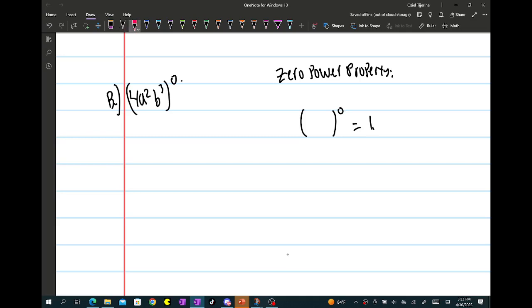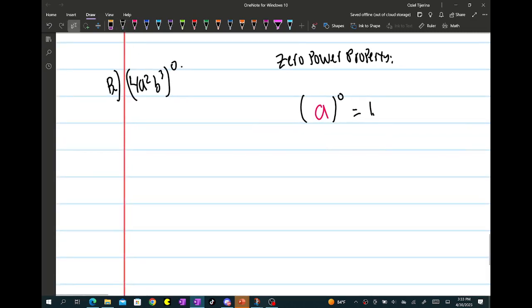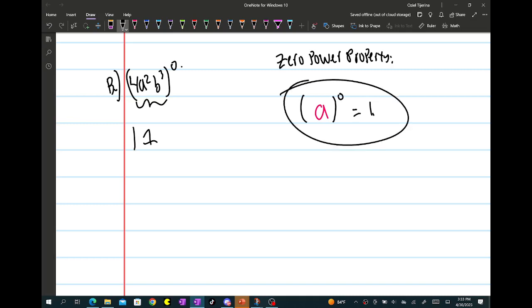So for example, a raised to the 0 is equal to 1. This is the 0 power property. So this whole thing really is just 1, because it satisfies this rule here. So really this one is kind of a no-brainer.